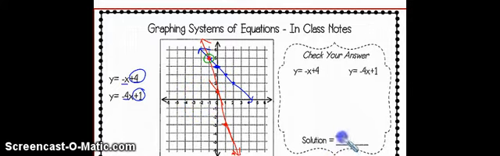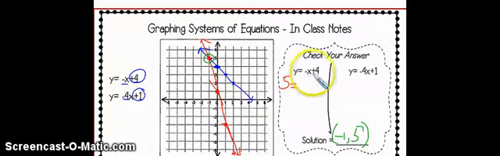So -1, 5 is our possible solution. Let's check this out. Here we go. Well, we've got our y is 5. Now here it can be tricky, guys.